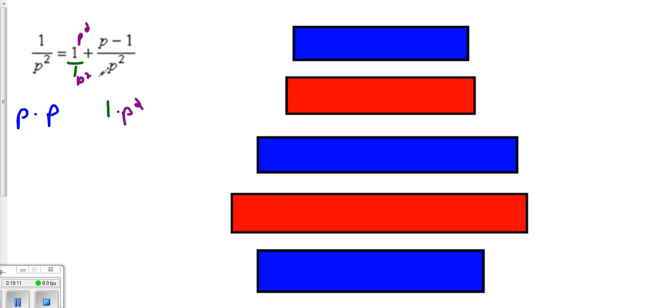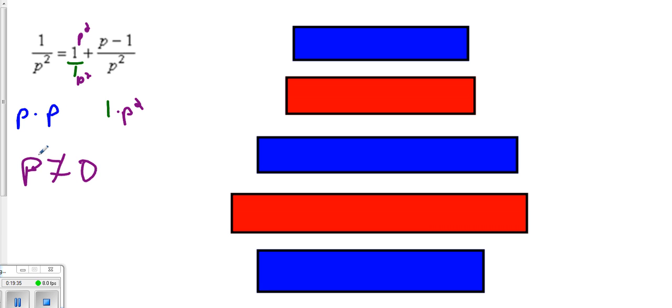Okay, before we can do anything else, we need to look at our three denominators now, our common denominator, and check for any extraneous solutions. So again, the excluded values. What can p not equal? If it's p squared on each of them, we'd say p squared can't be 0, which means we can't have p equaling 0.